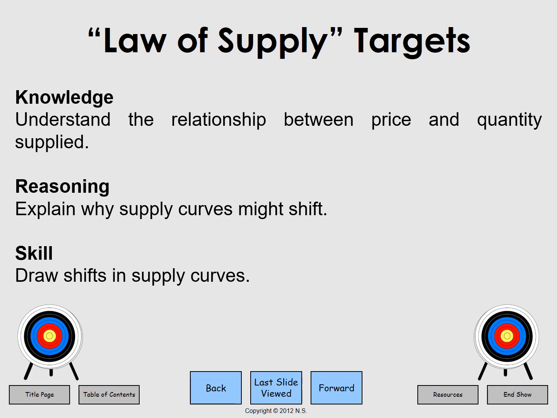And then the last thing we're going to do on this is we're going to try to draw the shifts in our own supply curves. The skill that we're going to have on this is we'll gather the data, we'll put it in a supply survey, and then we'll take that data and shift it into a supply curve, and then depending on the scenario, that curve will shift one way or the other.